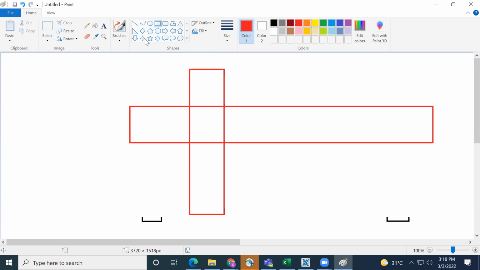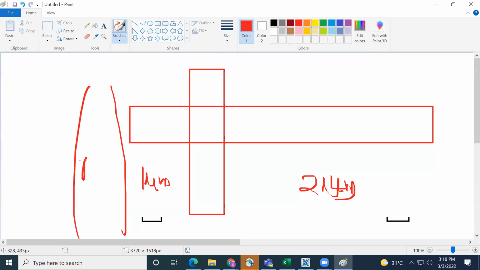One length will be like this. This length is 2 micrometer, this is 1 micrometer. If it is not there, what is being added? Oxide, insulator will be there. Here also insulator is there.